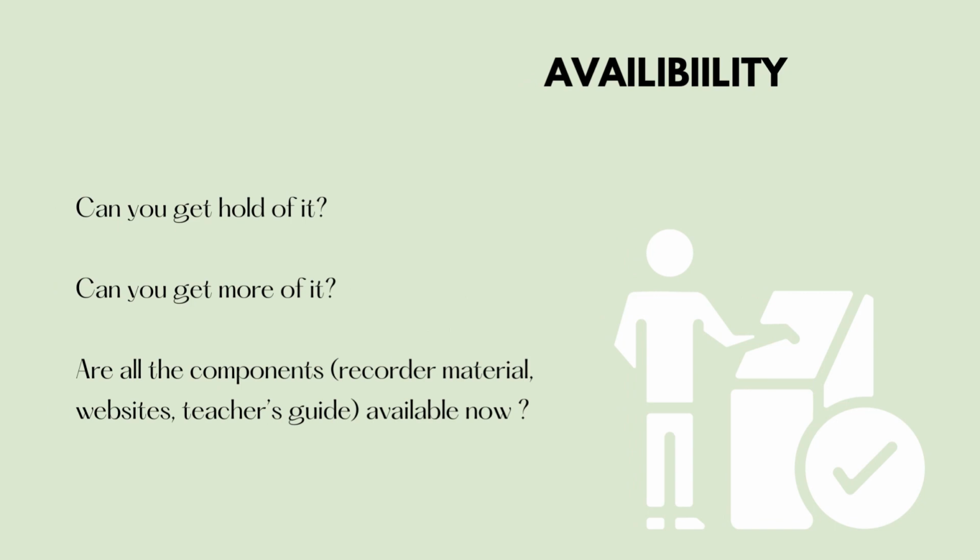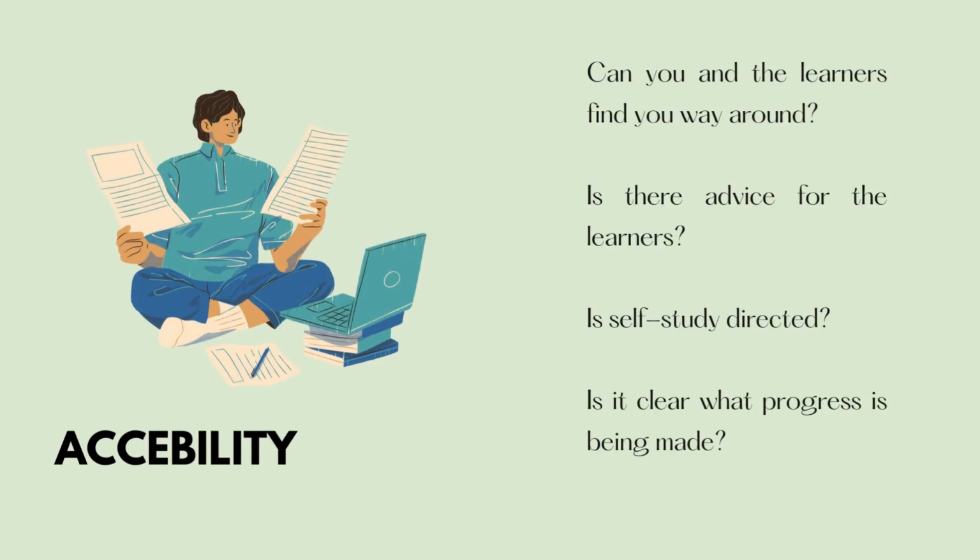Are all the components, recorded material, websites, teacher's guide available now? 3. Accessibility. Can you and the learners find your way around? Is there advice for the learners? Is self-study directed? Is it clear what progress is being made?